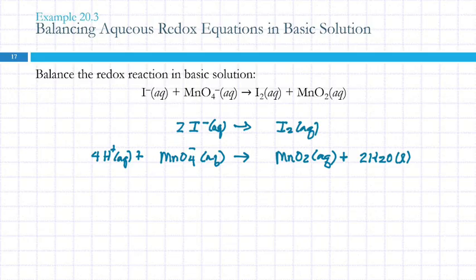So this is where it's different if it's basic solution. We can't have hydrogen ions floating around. So we're going to add hydroxide ions to both sides to get rid of the hydrogen ions. So there's 4 hydrogen ions. I'm going to add 4 hydroxide ions. If I add 4 hydroxide ions to that side, I also have to add 4 hydroxide ions to this side. Otherwise, it isn't balanced anymore.